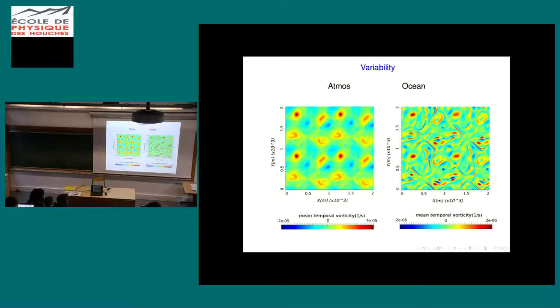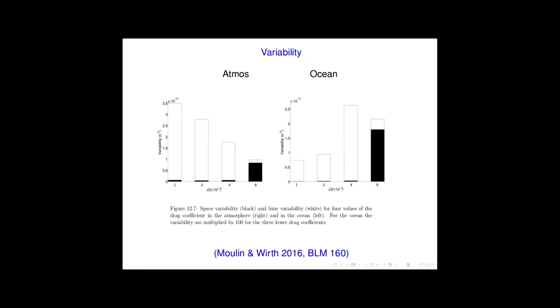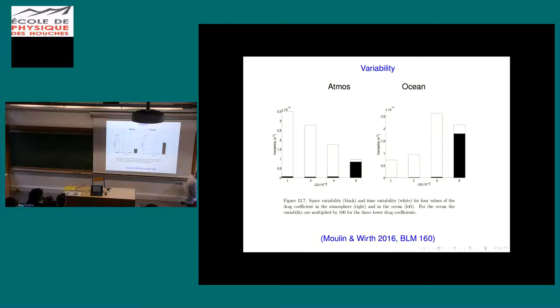So then we try to quantify this, and to quantify this, we separated the variability into spatial variability and temporal variability. For the spatial variability, we just calculated the average over all these 16 squares, and we also turned it by 90 degrees and calculated the average.